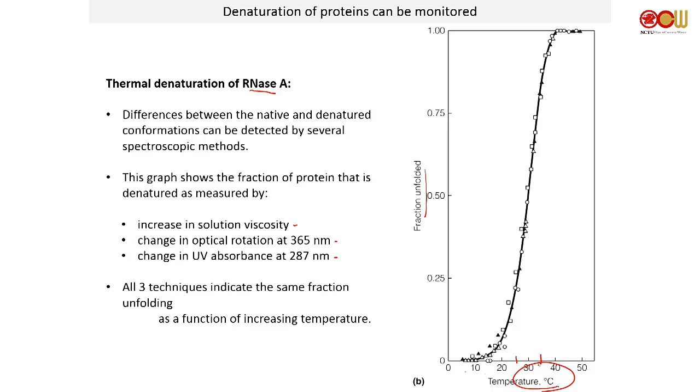Around this range, you have a large amount of protein denatured. Okay, so just to show you that proteins are sensitive to heat and you can measure it using many different methods. Now we know that proteins can be denatured in response to heat, in response to addition of solvents or chaotropic agents like urea, in response to changing the pH.